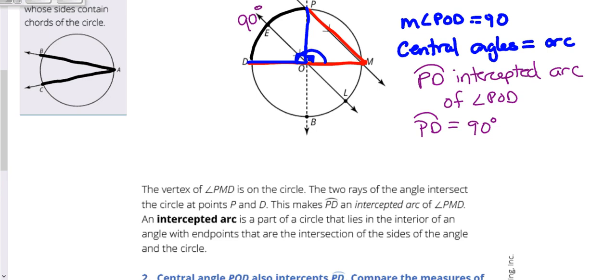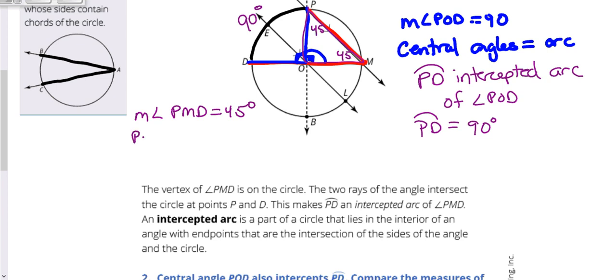Now, yesterday in our notes, we talked about how we made this triangle, and we were able to prove and measure that this was a 45 degree and 45 degree. So that means that the measure of angle PMD is equal to 45 degrees.